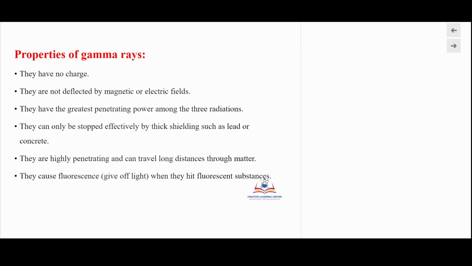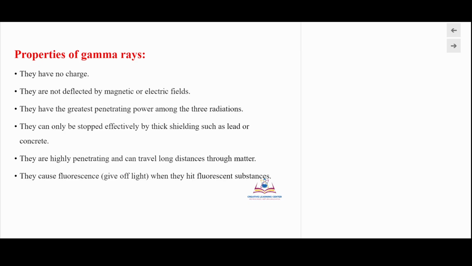We have seen that our alpha particles are going to emit what we call the helium particle, whereas the beta particles are going to release the electrons, negatively charged, whereas the gamma rays won't release anything. They don't have charge or mass. They can't release anything. If a particle gives off a gamma ray, it stays the same. Nothing has been changed. It can't release any particle on its own.